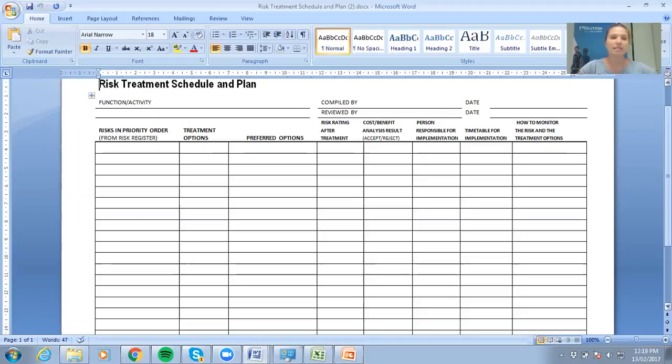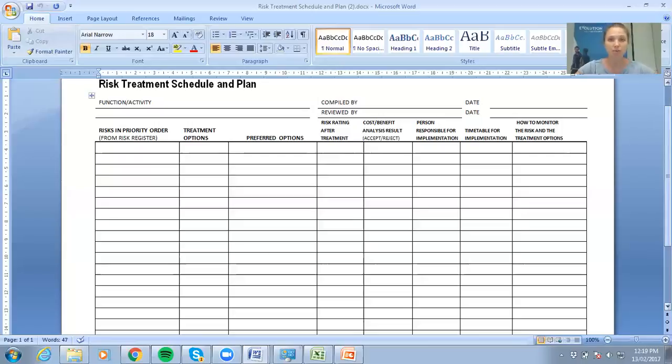When you look at your second column, which is your treatment options, I want you to come up with 2 treatment options for this risk. So 2 ways that you're going to ensure that that risk doesn't happen, or if it does happen, what have you got in place to treat the risk?